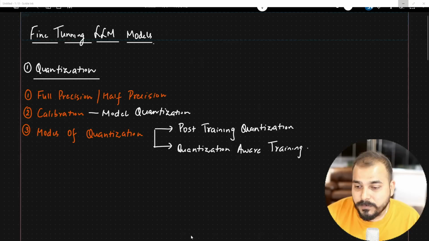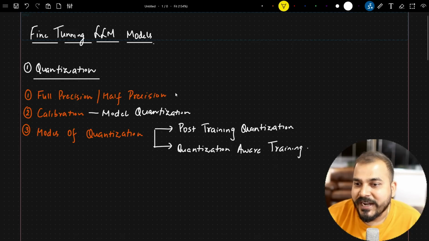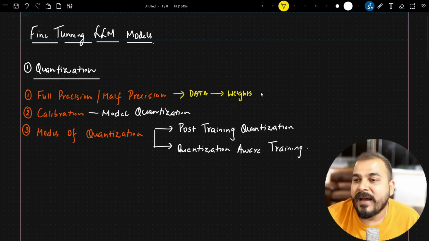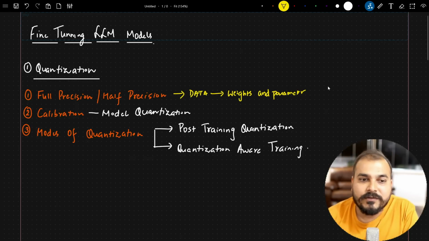Okay, so what exactly is quantization? We're going to discuss full precision and half precision, and this is related to data types, like how the data is stored in memory. When I say data in LLM models, I will talk about weights and parameters, right? Because at the end of the day, LLMs are also deep learning neural networks in the form of transformers or BERT.